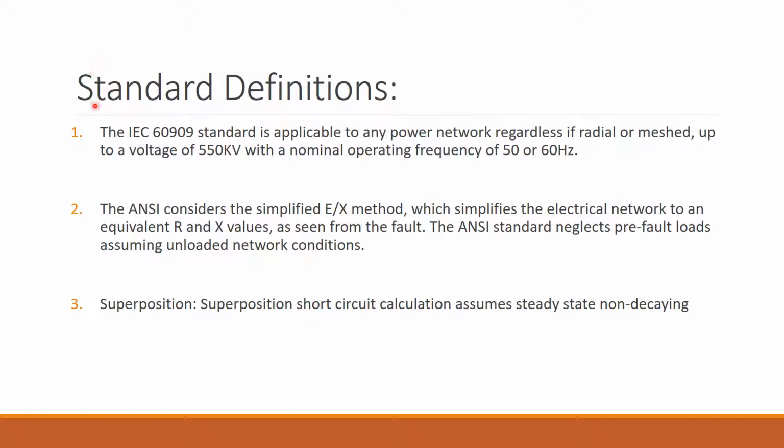For example, in Europe, the IEC 60909 standard is applicable to any power network regardless if radial or mesh, up to a voltage of 550 kV with a nominal operating frequency of 50 or 60. It's important to mention that we're highlighting this 50 over here because we're talking about the European standard, rather than 60 as it has been utilized in the US, 60 Hertz.